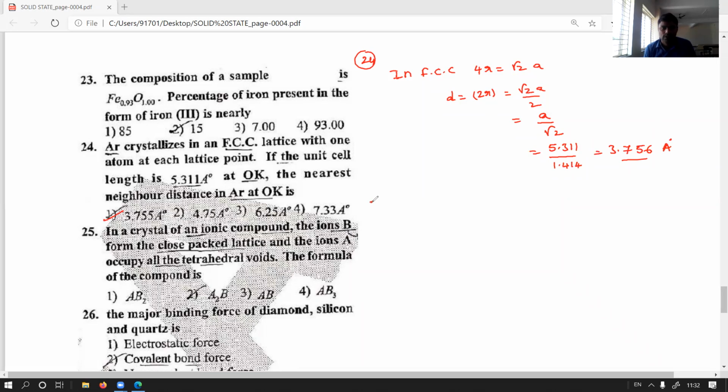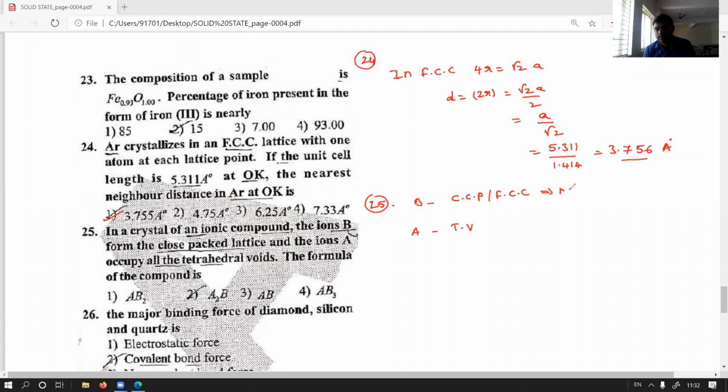Let's see the 25th question. In a crystal of an ionic compound, B ions are present at a close packed lattice and A ions are present at tetrahedral voids. The B atoms are present at CCP, cubic close packing, or FCC, and A ions are present at tetrahedral voids.